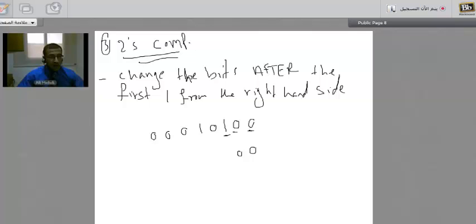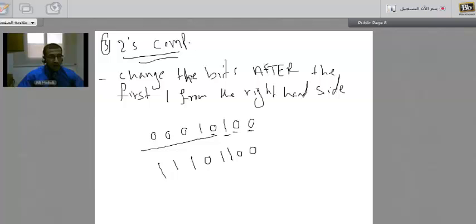Now this is the first one we see from the right. It also comes down as it is, and then we change what's after the first one. So this 0 here will become 1, this 1 will become 0, and then 1 1 1. So this way we have our two's complement.